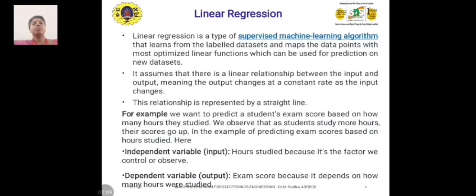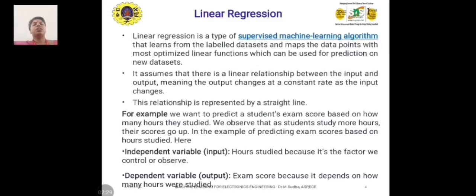It assumes a linear relationship between the input and output, meaning the output changes at a constant rate as the input changes. Whenever the input changes, the output also varies. This relationship is represented by a straight line.